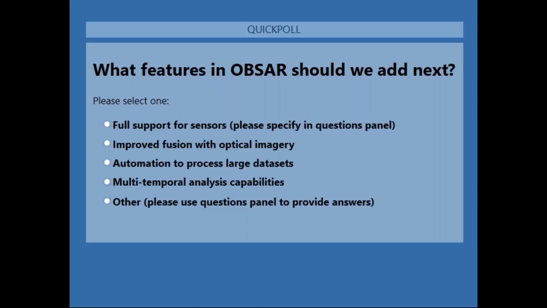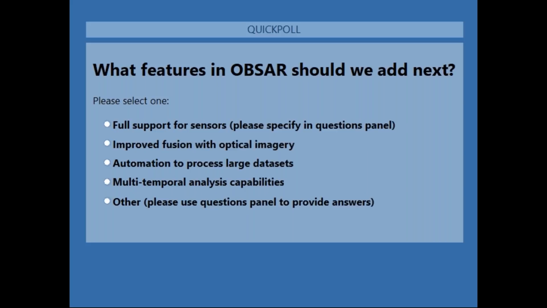So support for all sensors, and maybe define that specifically, what sensors. Improved fusion of radar and optical, automatically processing large data sets, as I mentioned, is something we're working on right now. Multitemporal analysis, or if there's something else that we've missed, by all means, throw that into the questions panel, and we'll be able to track down what your suggestion was. So that would be great.